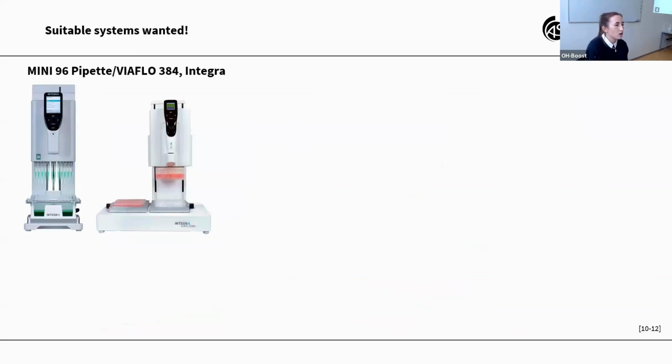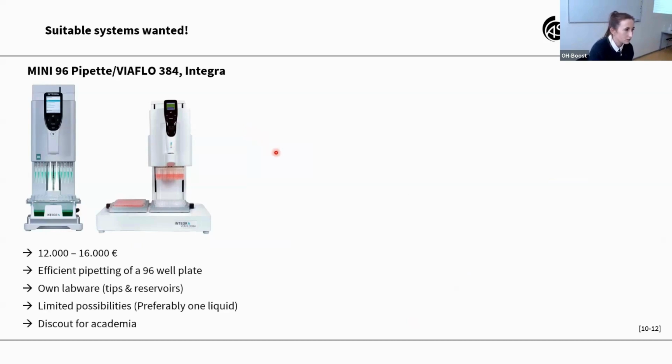So there are also small systems that are maybe suitable, maybe not. Here you see a 96 channel pipette, where you can pipette a whole 96 well plate in one single step. And this is also the limitation, because you cannot pipette another liquid into every well.